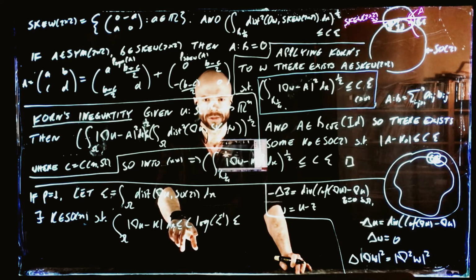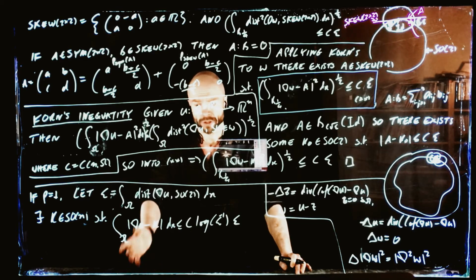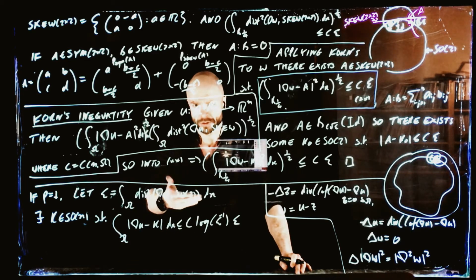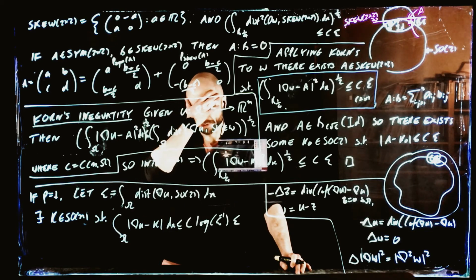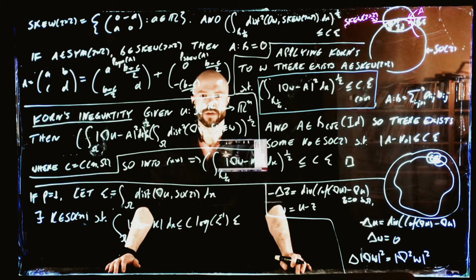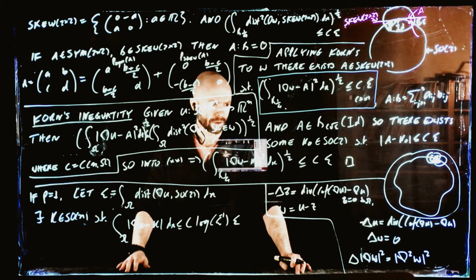It's also sharp for Korn's inequality. There's a paper by Friesecke, Maggi, Conti, I think those three, exactly on this, on sharpness of Korn-type inequalities. The counterexample is quite neat and quite simple.